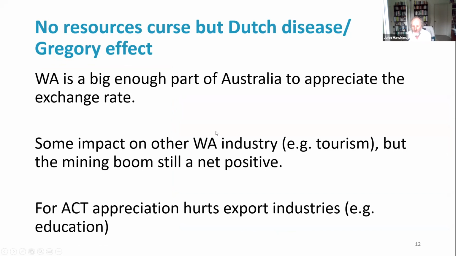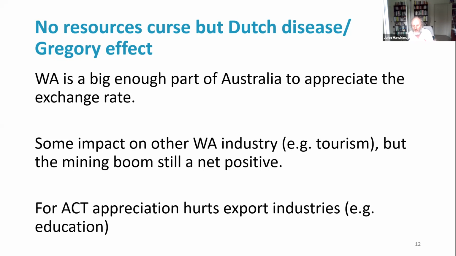And the idea there is, it's called Dutch disease because after the Netherlands, the discovery of North Sea oil led to a marked appreciation of the guilder, the Dutch currency, and that made their manufacturing and services industries uncompetitive. So it's usually used in the context of comparing countries. And obviously in WA, we haven't had an appreciation of the WA dollar against the rest of the country because it's a common currency area.